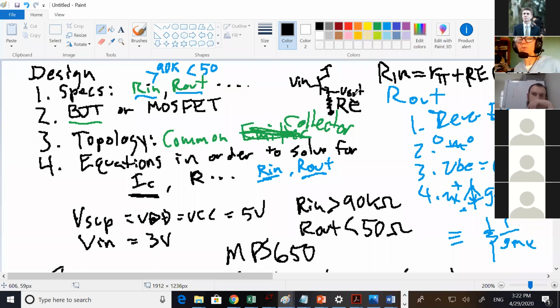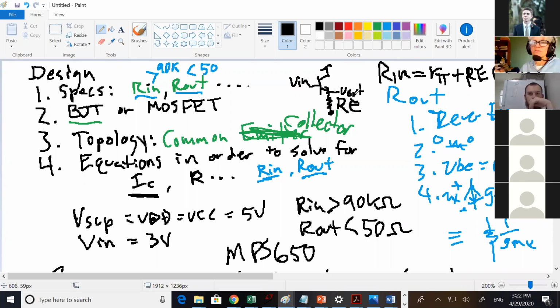Let's say your boss told you that it was an output stage. And what's important about an output stage? Low output impedance. So of your single transistor amplifiers, which one has a low output impedance? Common collector. Yes.